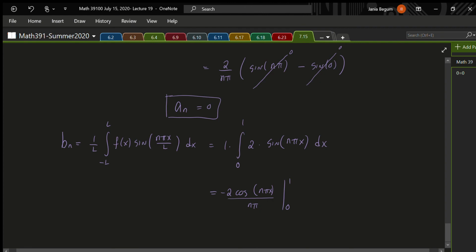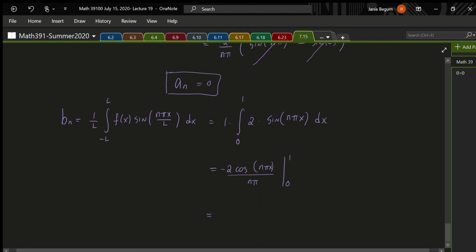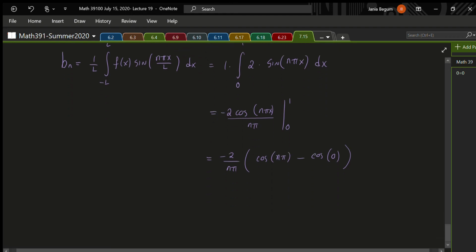Okay, now let's plug in the endpoints. So we have negative 2 over n pi. If I plug in 1, so I have cosine of n pi minus cosine of 0. So cosine of n pi, okay, so we can simplify that. So we're letting n be every integer, right? 1, 2, and 3, and so on.